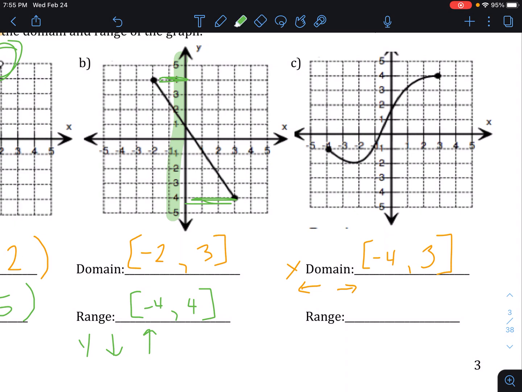So now the y values, the range values, lowest to highest. So -2, and then up to 4.